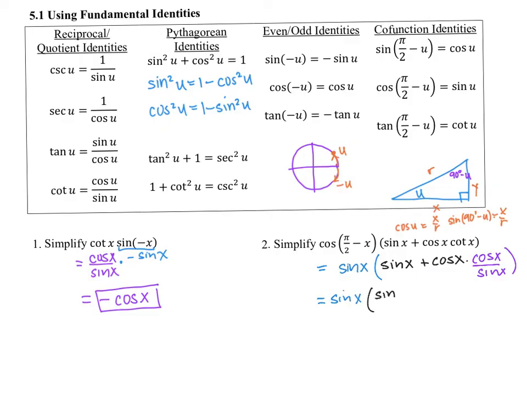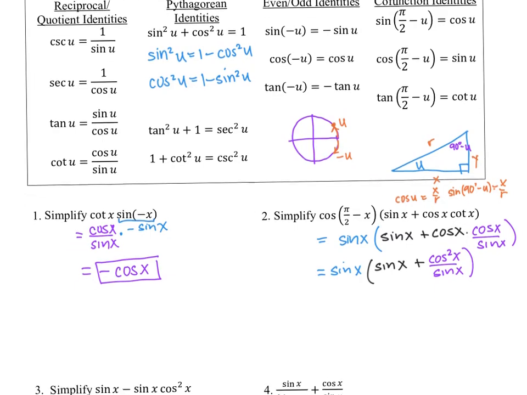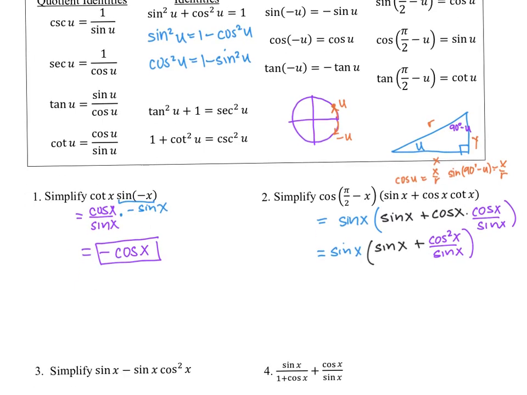So I'm going to make this sine x plus, and I'm going to consolidate that fraction. Cosine times cosine is cosine squared x over sine x. Now I think I'm going to go ahead and distribute this sine x. Sine times sine is sine squared x.